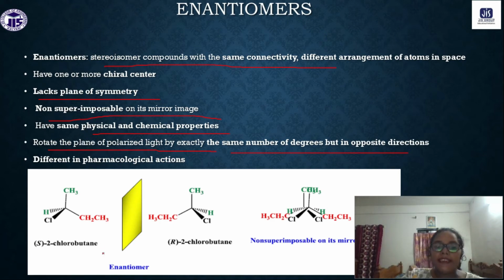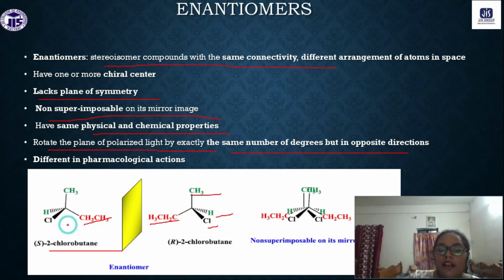Now you can see I have shown here some examples. This is 2-chlorobutane, right? If we have a mirror, the ethyl group will come here, the methyl group at the top side, then the hydrogen will come here, and the chlorine atom here. So now you can see this is molecule number 1 and molecule number 2.